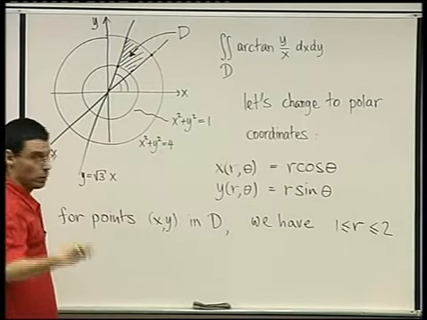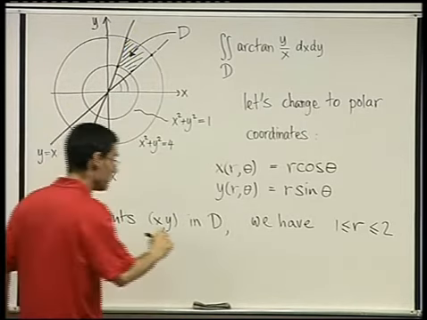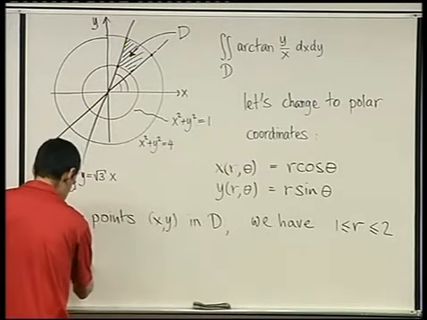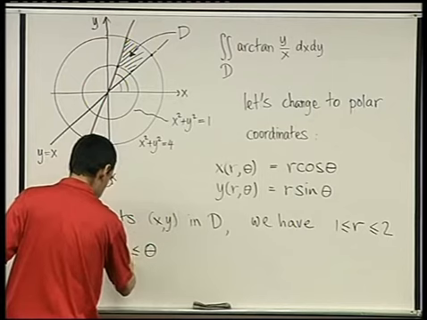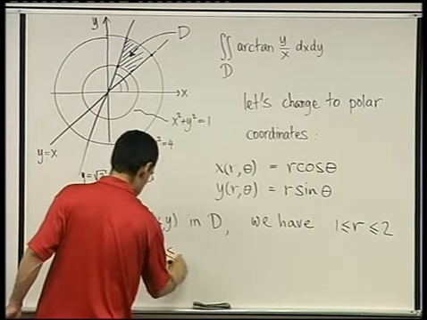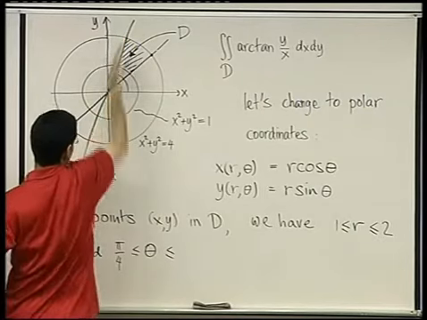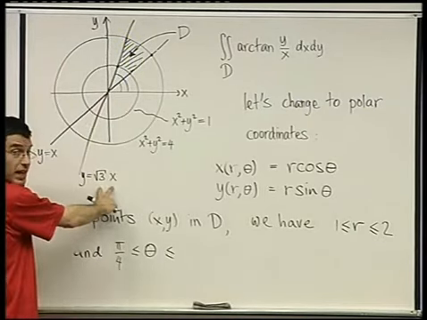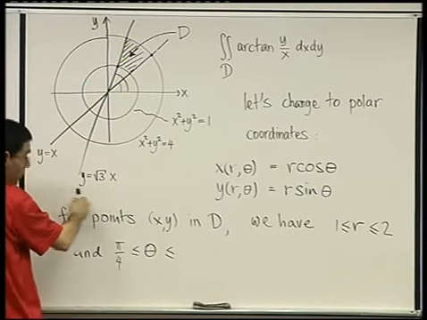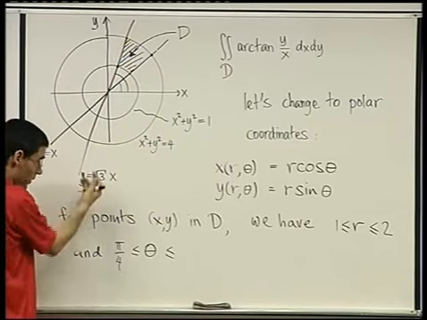What's the theta for this line? 45 degrees, but we're grown-ups. No degrees in this course. Pi over 4. And theta has to be greater than pi over 4, and less than this theta. What's this theta? This theta is the theta that corresponds to y equals root 3 of x, or y over x equals root 3, right? So what's the theta?